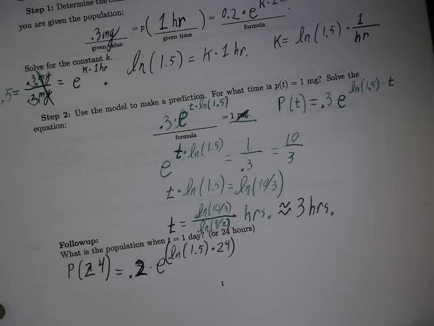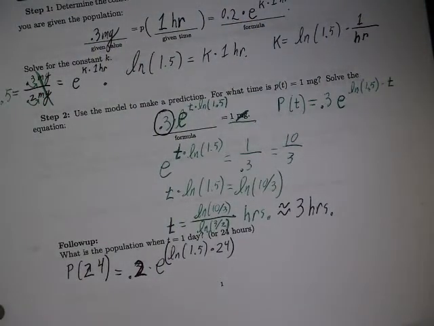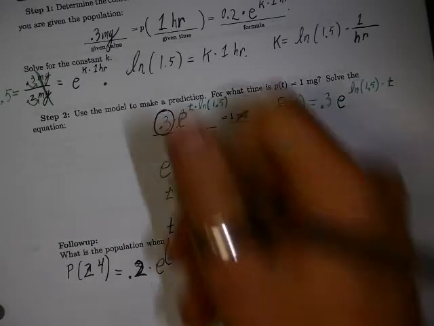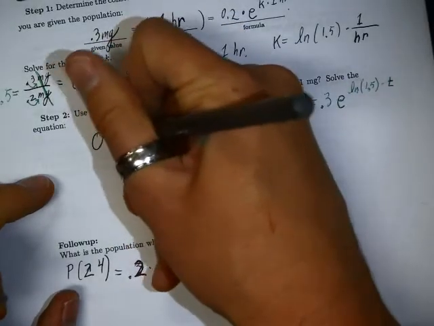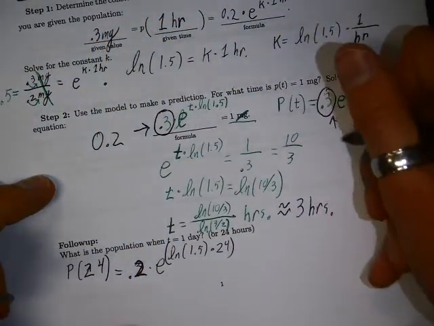Yeah, I screwed up. So the arrow pointed out that 0.3 isn't really 0.3, is it? That's supposed to be the initial population. That should be 0.2. So then it's about 2 hours for the answer for step 2.